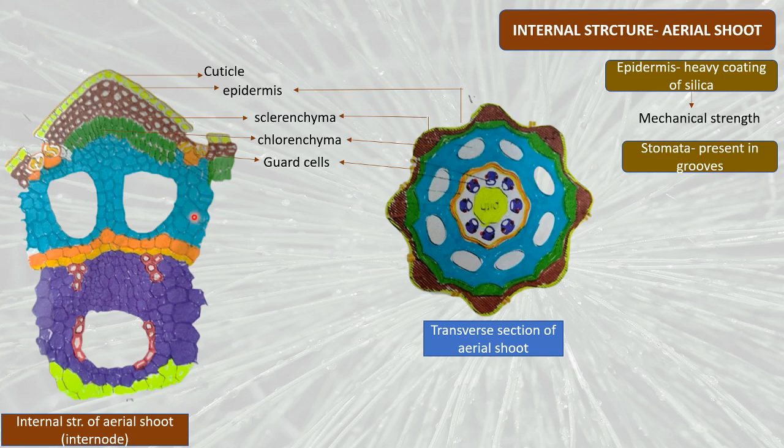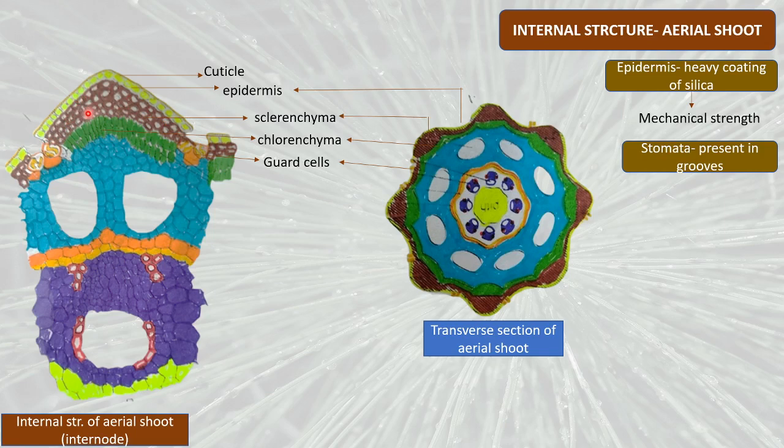The outer cortex comprises two types of cells. One is sclerenchymatous cells. The brown part that you see is the sclerenchymatous cells, and the green part that you see is the chlorenchyma cells or the palisade cells. As I told, the aerial shoot performs the function of photosynthesis. So these chlorenchyma cells help in the process of photosynthesis, and sclerenchyma does the work of mechanical support.